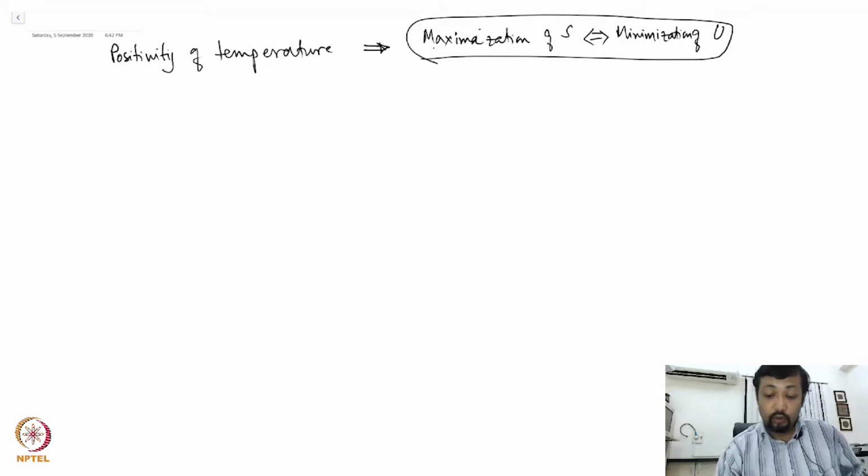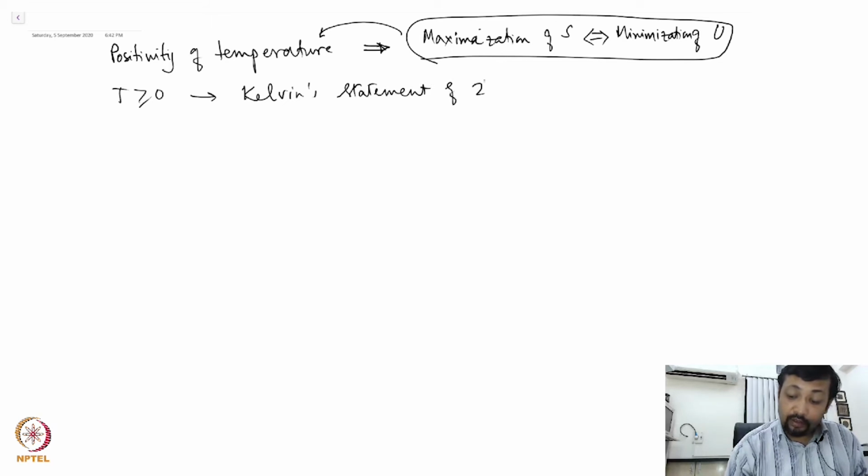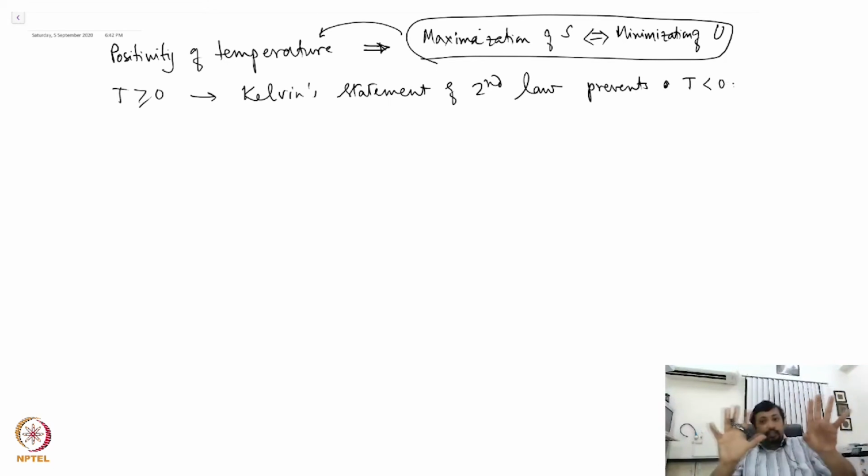This holds because your temperature is positive. Your temperature is positive because Kelvin's statement of second law prevents a negative temperature, right? So everything is kind of falling in place.